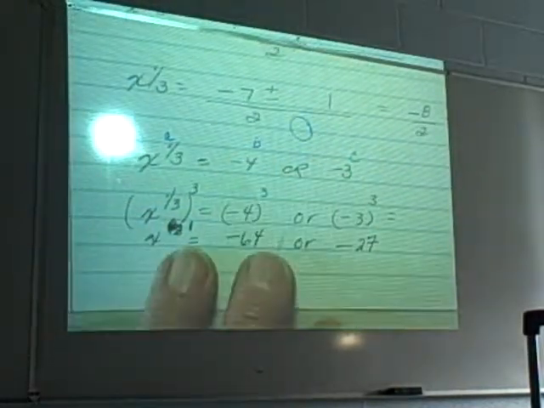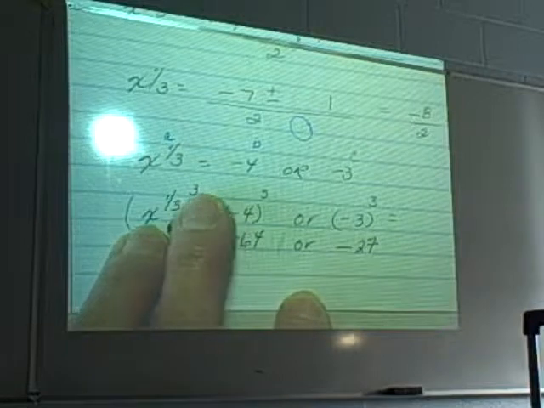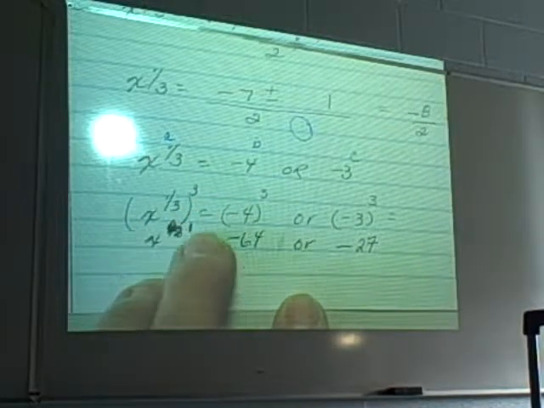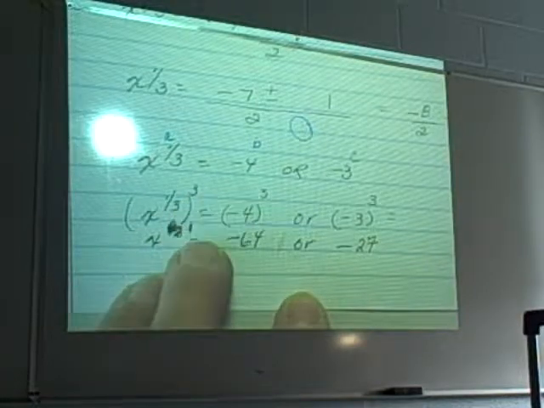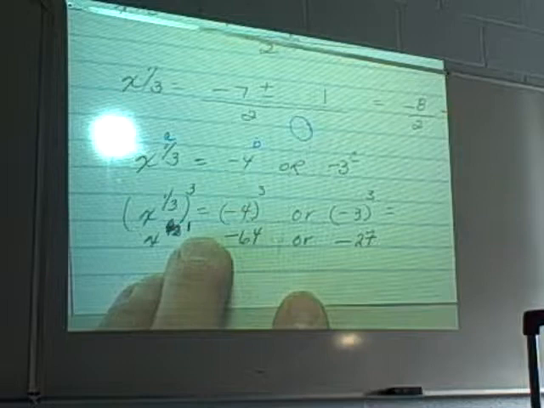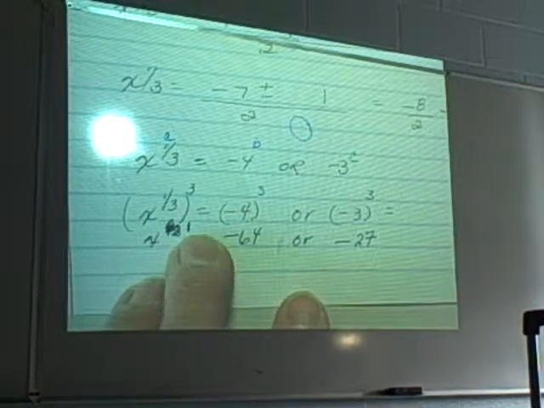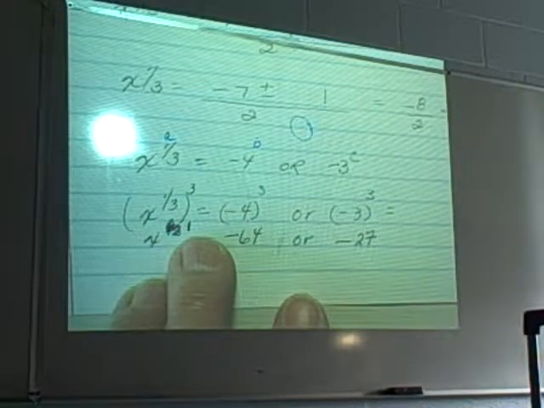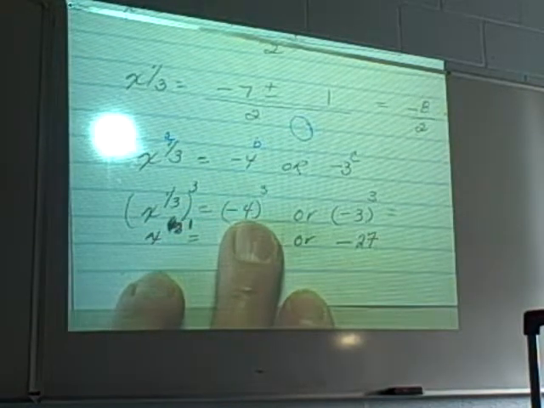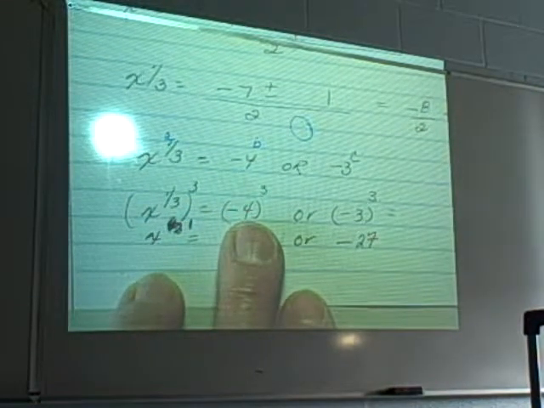But my answer was x to the 1/3. How do I make it equal to 1? Oh. I have to raise it to the first power. I have to multiply by 3, or cube it, and if I cube this, what do I have to do to whatever answer I get?